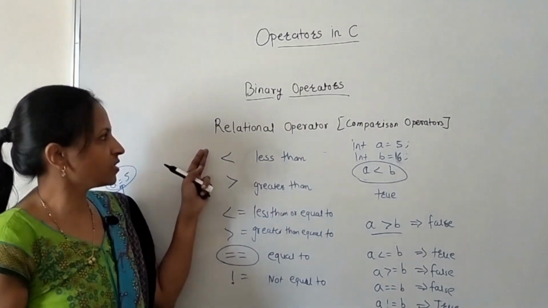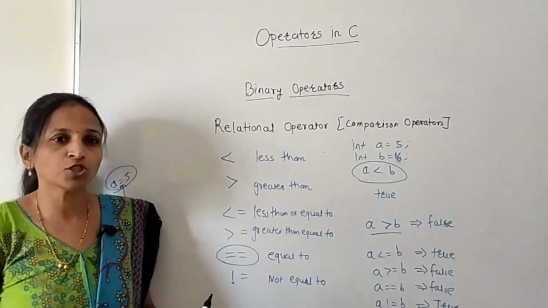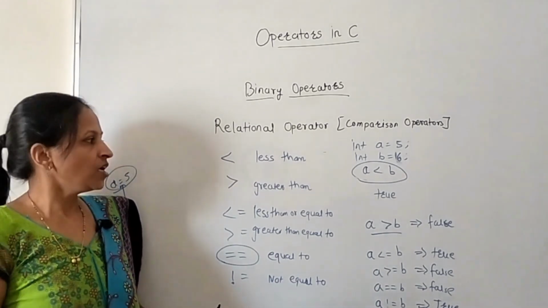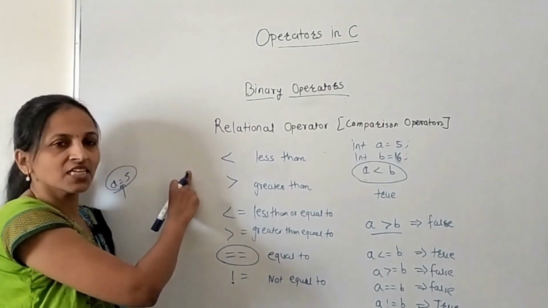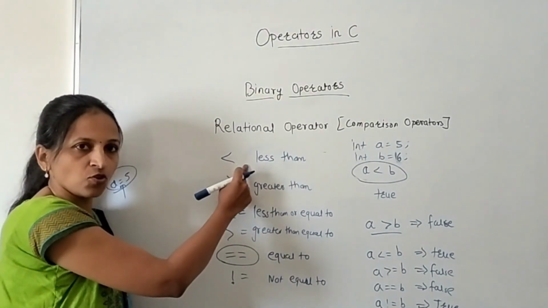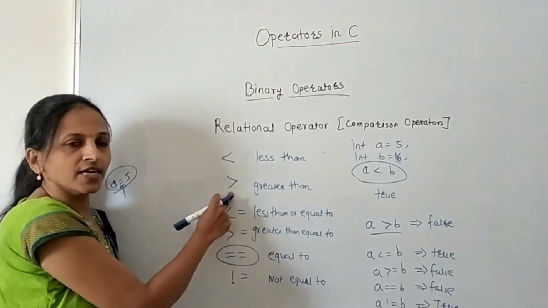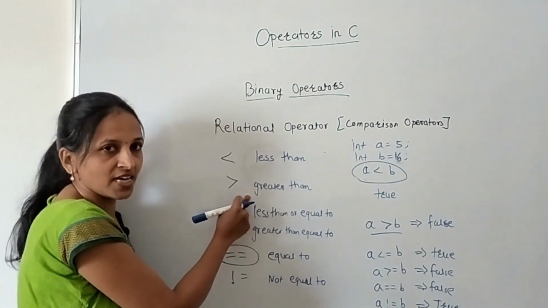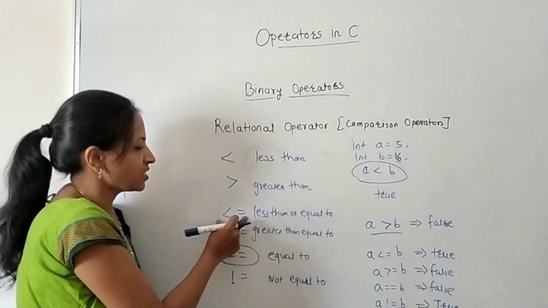These are the relational or comparison operators. They are used to check the relation between two operands. Less than returns true if the left hand side operand is less than the right hand side operand, otherwise false. Greater than returns true if the left operand has a greater value than the right operand, otherwise false.